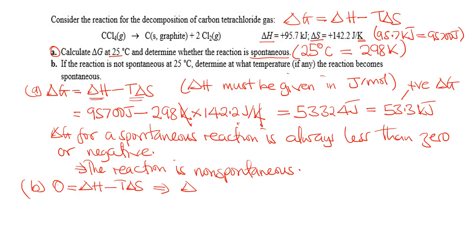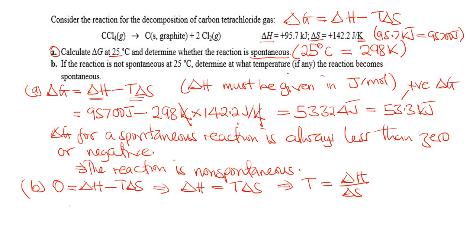So delta H is equal to T delta S, or we can say that T is equal to delta H divided by delta S.